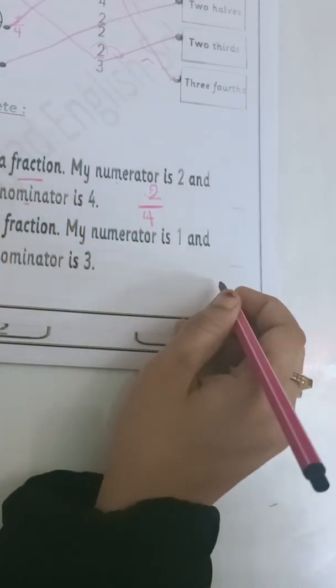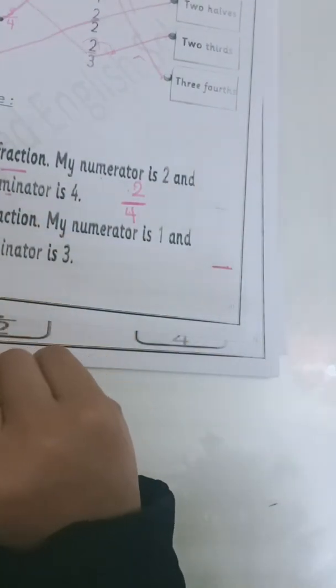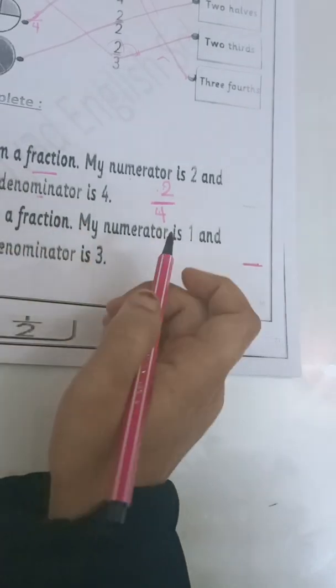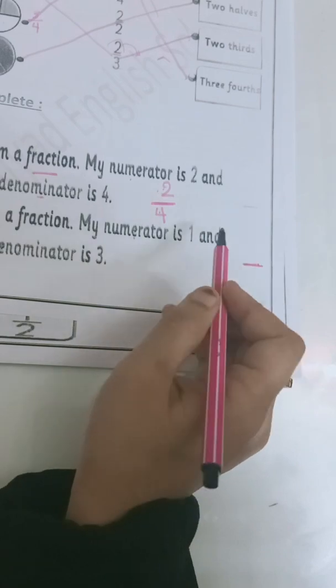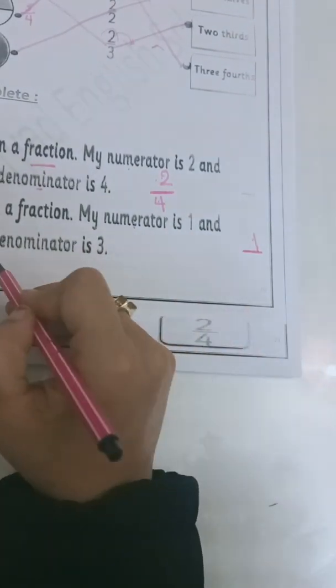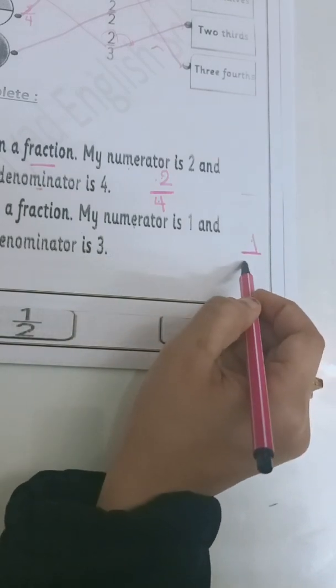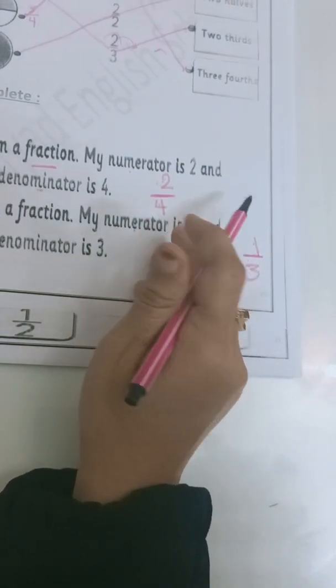I am the fraction, right? The fraction bar. Okay. My numerator, up or down? Up. Excellent. Is 1. And denominator is what? Is 3. 1/3. Here 2 quarters.